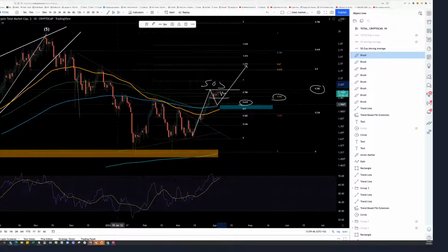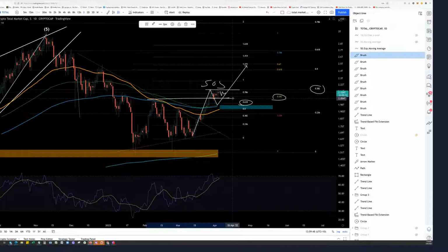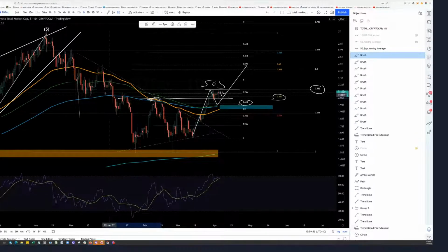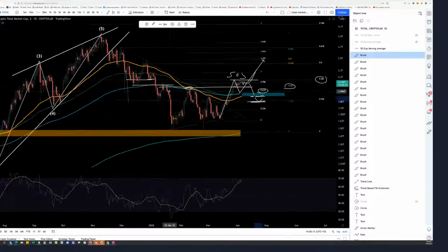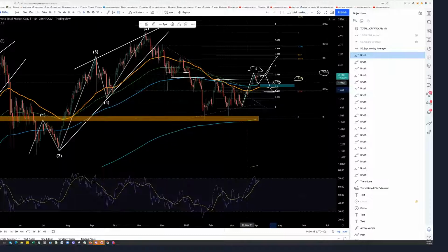So it's aligned. You can see that's previous resistance along there. So we're in a range, pretty much aligned. We want to see it go up, and if it drops, we can see it drop down to this level here, I think, somewhere in between. And then anyway, that's on the cards as well. So the total market cap is aligned pretty much.